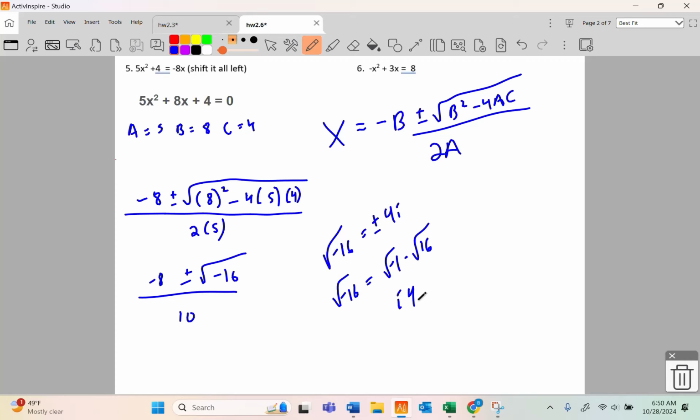We don't say i4, we say 4i. So I have negative 8 over 10 plus or minus 4i over 10, and I want this in the form a plus bi. Negative 8/10 reduces down to negative 4/5, and 4i over 10 is going to be plus or minus 2i over 5. So there you go. Like I said, easy peasy, lemon squeezy.